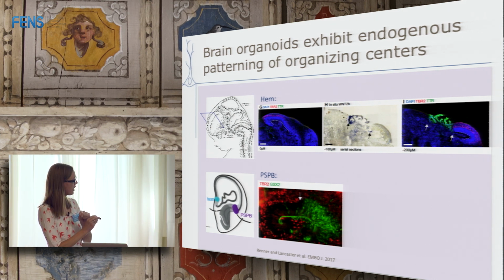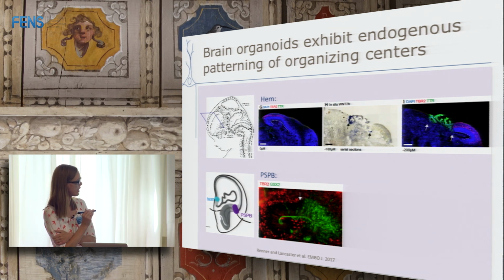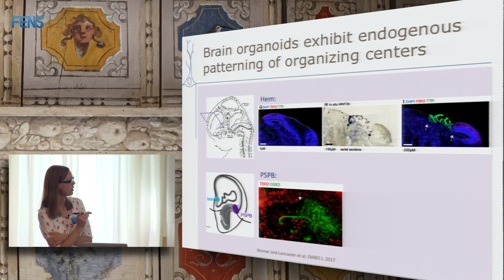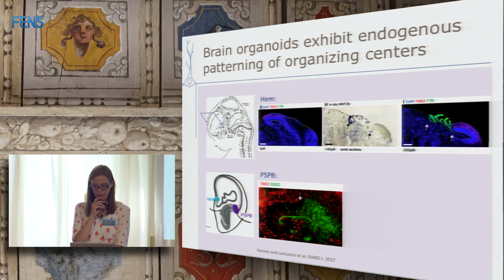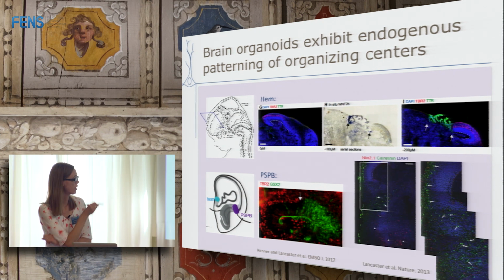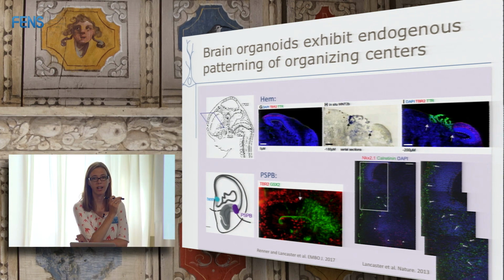And we could also find, again, using TBR2 as a dorsal cortical marker and now GSX2 as a marker of the ganglionic eminence, this kind of border between those two regions as well. I think it's quite interesting because we had described this kind of organization in our first paper, but we didn't really characterize it very well.